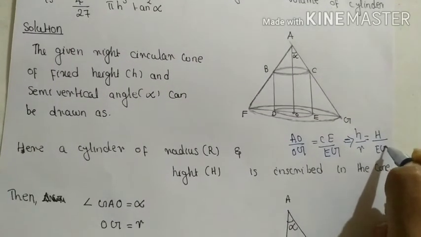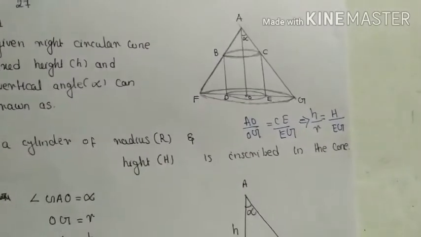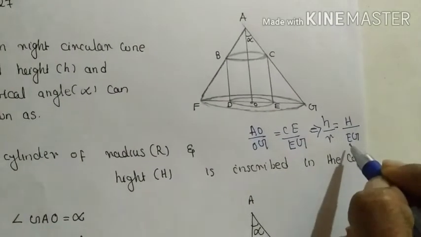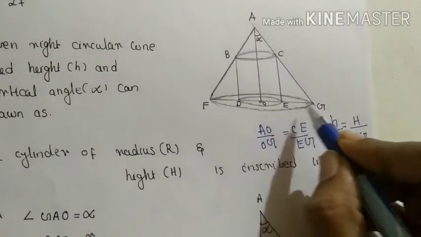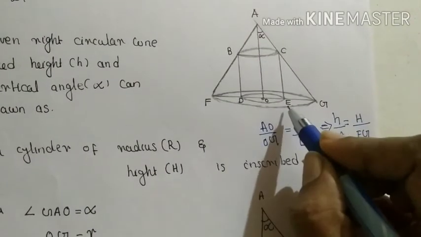So next I am going to write EG here. Note that EG is equal to GO minus OE.